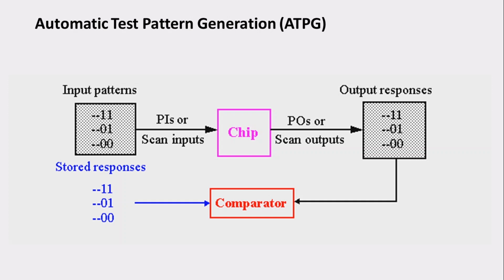Those are compared with the outputs which have been generated, so it tests automatically. Since it is testing the outputs automatically, we call this automatic test pattern generation.